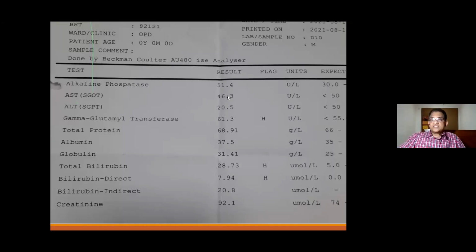So he's a patient with cirrhosis. Obviously, you expect the AST-ALT ratio to be reversed, slightly high gamma GT. Albumin normal, globulin not raised. So this is good synthetic function. So there is no decompensation here.